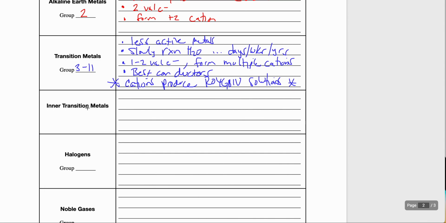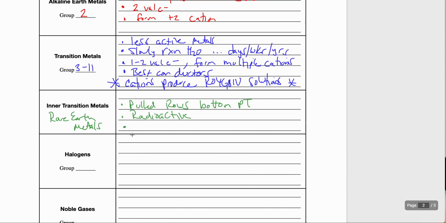Now we have these inner transition metals. They are also known as the rare earth metals. These guys are the pulled out rows at the bottom of our periodic table. Many of these, when we do talk about them, are radioactive.